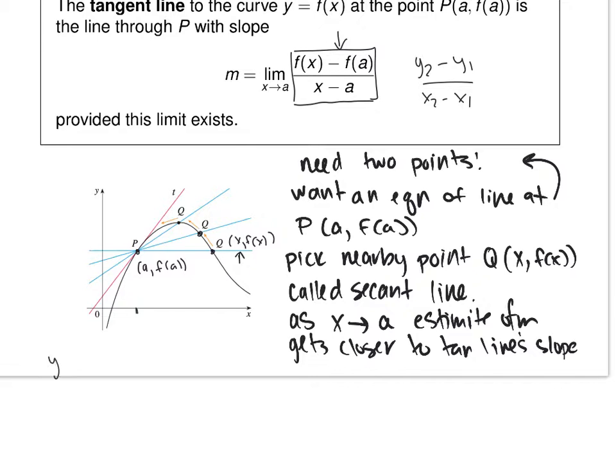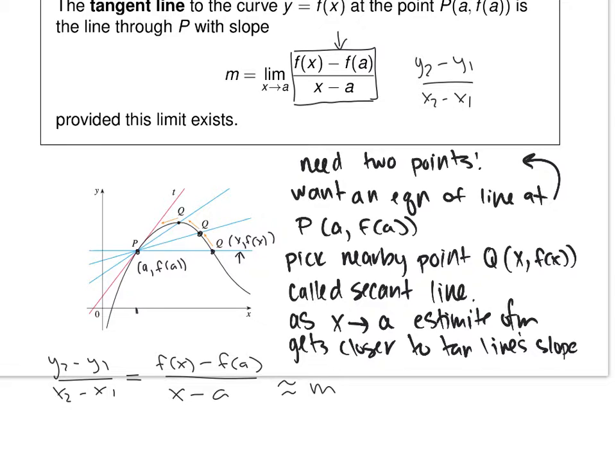So if you do y2 minus y1 over x2 minus x1, that's f of x minus f of a over x minus a, and that's going to be about equal to the m, where m is the slope of your tangent line. It's going to be an estimate or an approximation, and it'll get better and better as those points get close together, which means their x coordinates get closer together, right?